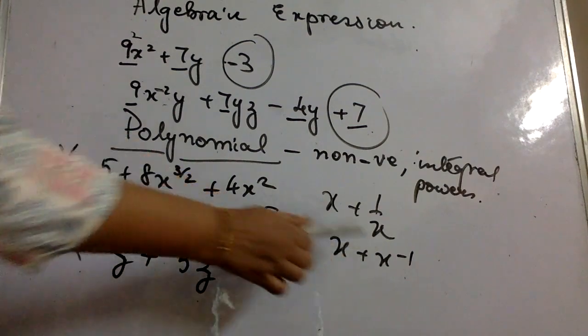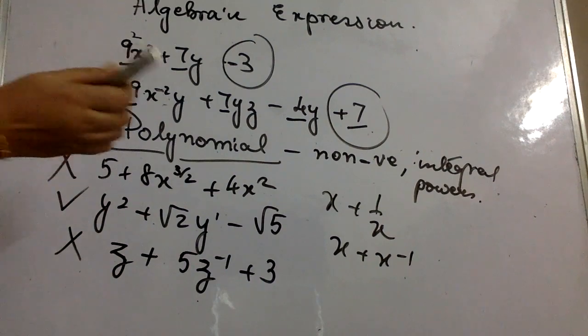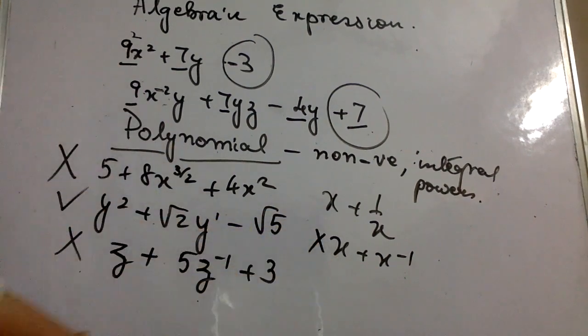We have it here, hence it is again not a polynomial. It is only an algebraic expression. I hope you have got at least what gets classified as a polynomial and what doesn't. Now let's take the degree of a polynomial.